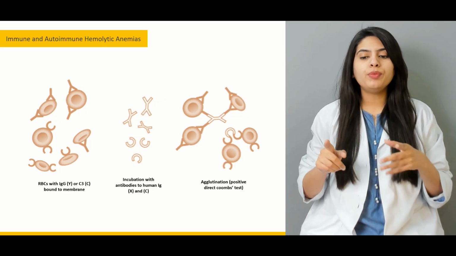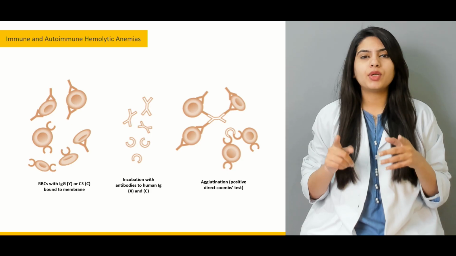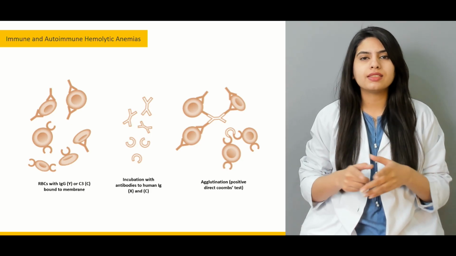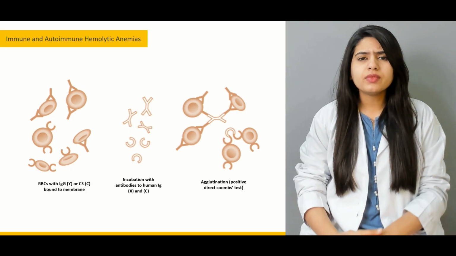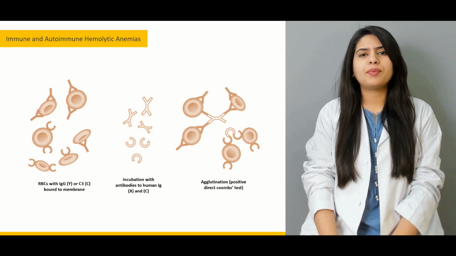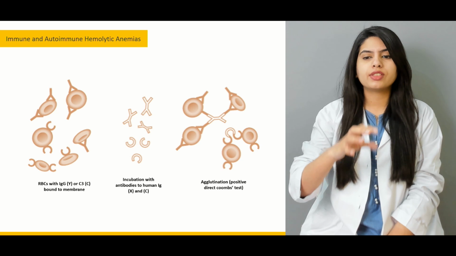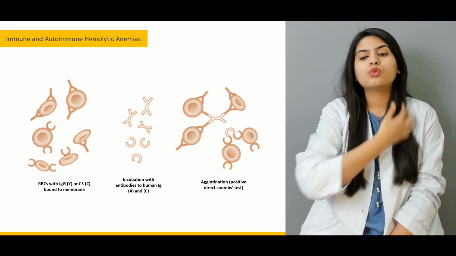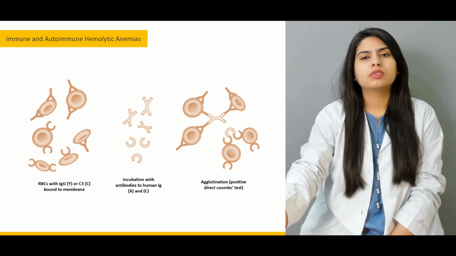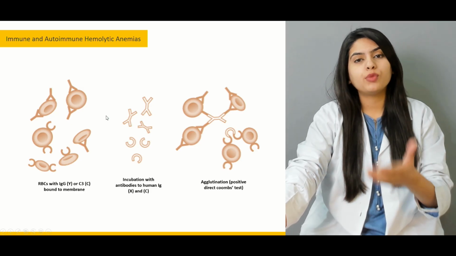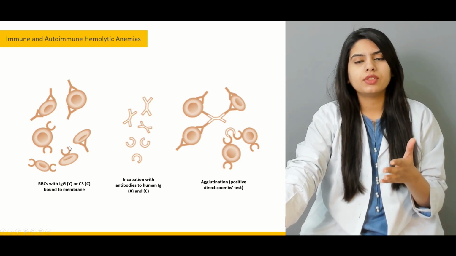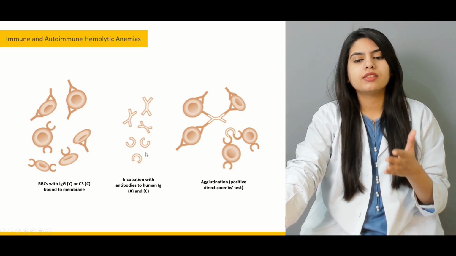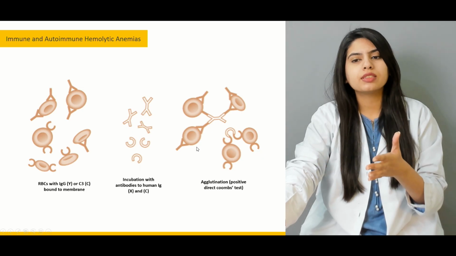Now, this Coombs test is basically performed in case of hemolytic disease, which we will discuss in our coming slides. In that disease, there is agglutination that occurs, and that leads to autoimmune anemia. Basically, in the case when there is no antigen present on the surface of the red blood cell, rather there is the production of autoimmune antibodies.